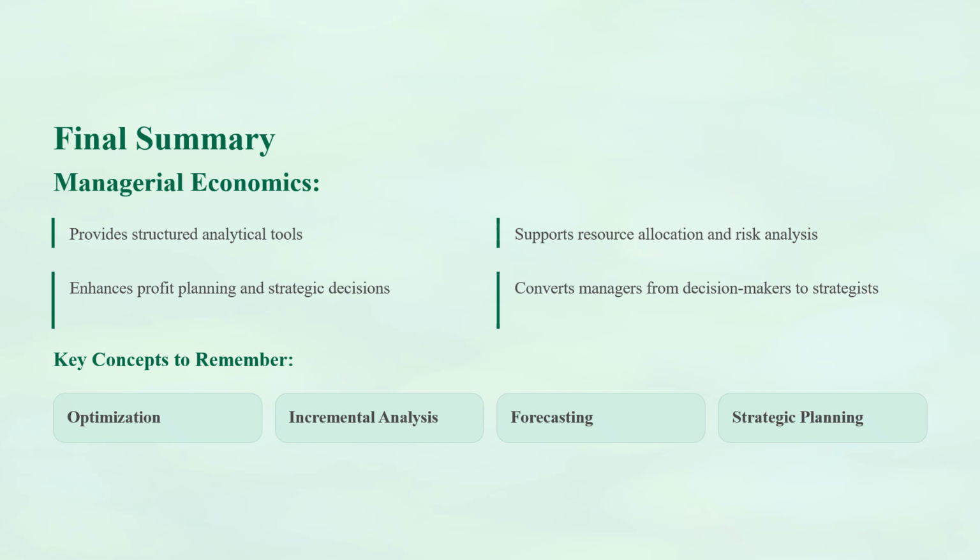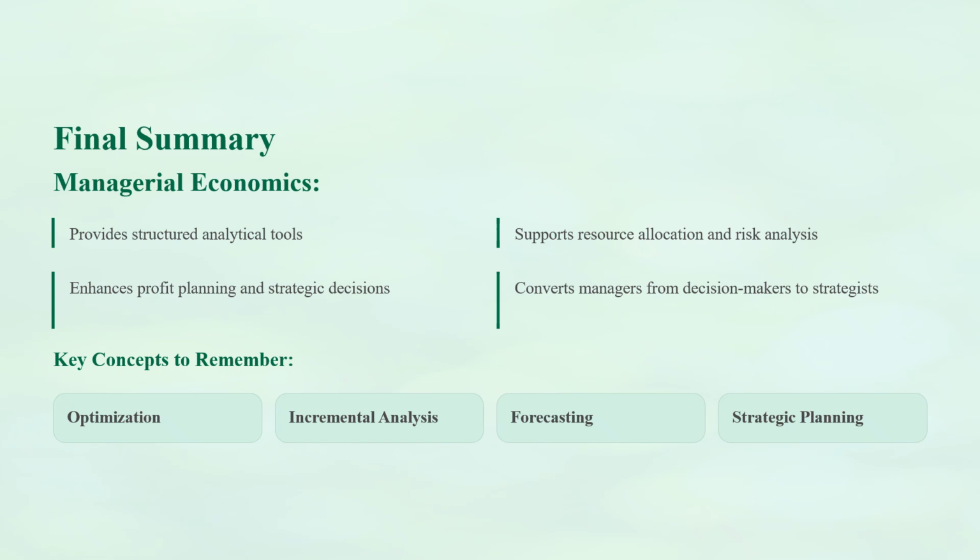These tools are mainly used in three important areas. The first one is resource allocation, using limited resources in the best possible way. Second, risk and uncertainty analysis, handling market changes and reducing risk. And the third one is capital management, making smart investment and financial decisions.